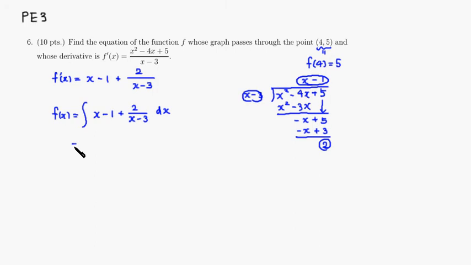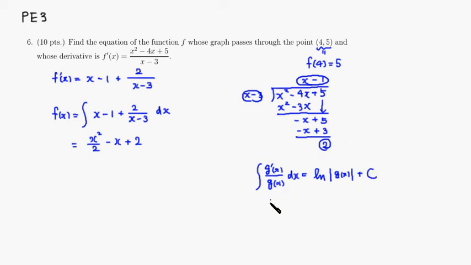The antiderivative of x is add 1 to the power, so x squared over 2. The antiderivative of negative 1 is negative x. Then 2 is just a constant, so I'll put it in front. For the antiderivative of 1 over x minus 3, remember that if you have g prime over g, the antiderivative is always the natural log of the absolute value of the denominator, plus c.